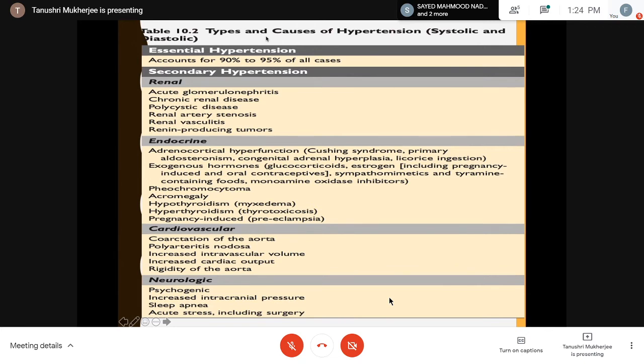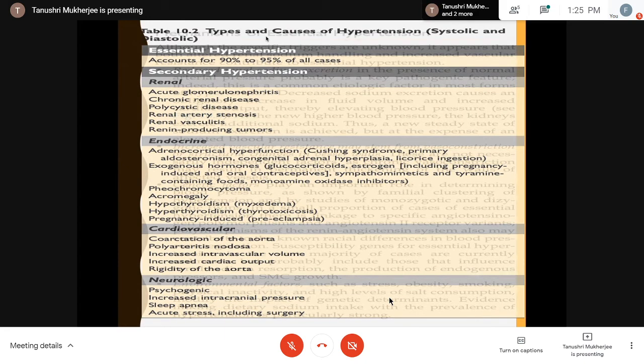Then the endocrine factors like adrenocortical hyperfunction, exogenous hormones, pheochromocytoma, acromegaly, hypothyroidism, hyperthyroidism, pregnancy induced; and cardiovascular, coarctation of the aorta, polyarteritis nodosa, increased intravascular volume, increased cardiac output, rigidity of the aorta. And the neurological factors like stress, sleep apnea, increased intracranial pressure, and psychogenic cause.